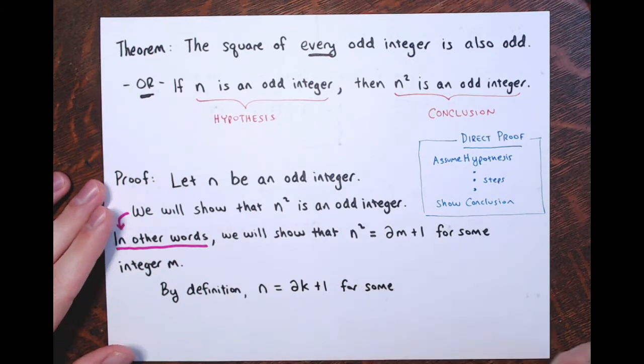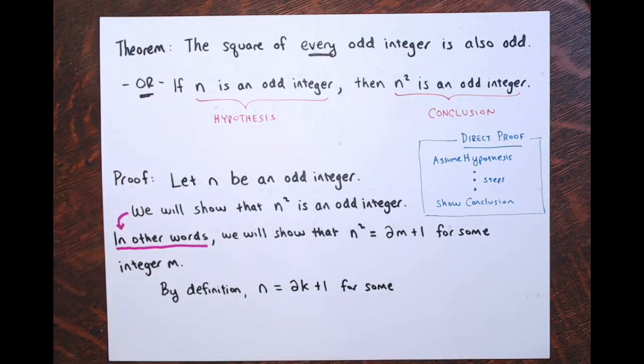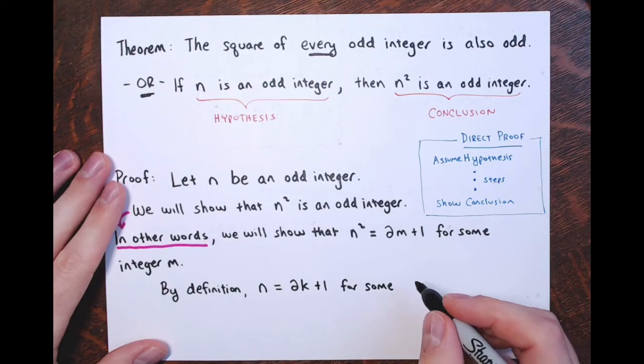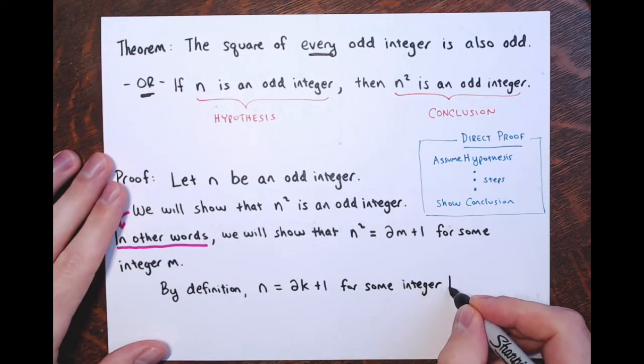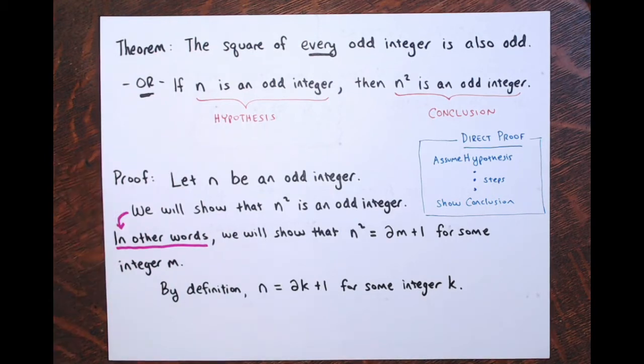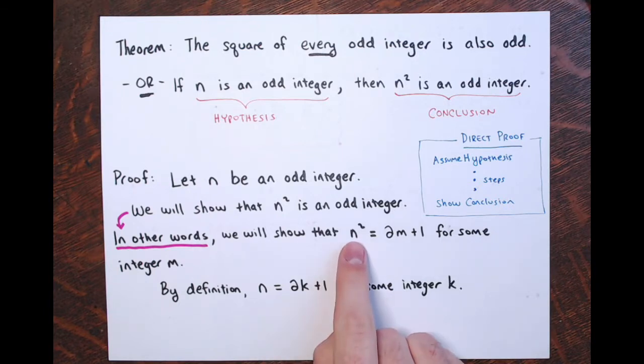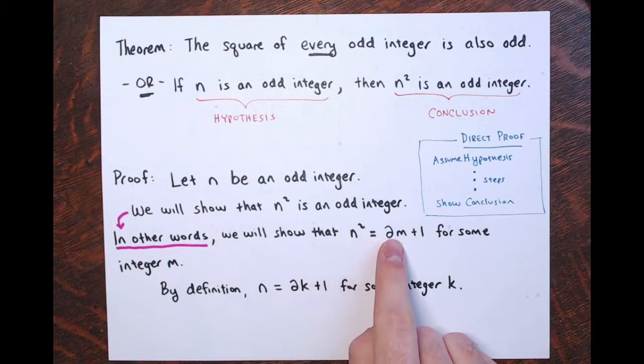Again, every time a new letter comes in, I introduce it. I let the reader know what it represents, for some integer k. And I want to use this to basically see if we can rewrite n squared as 2 times some integer plus 1.